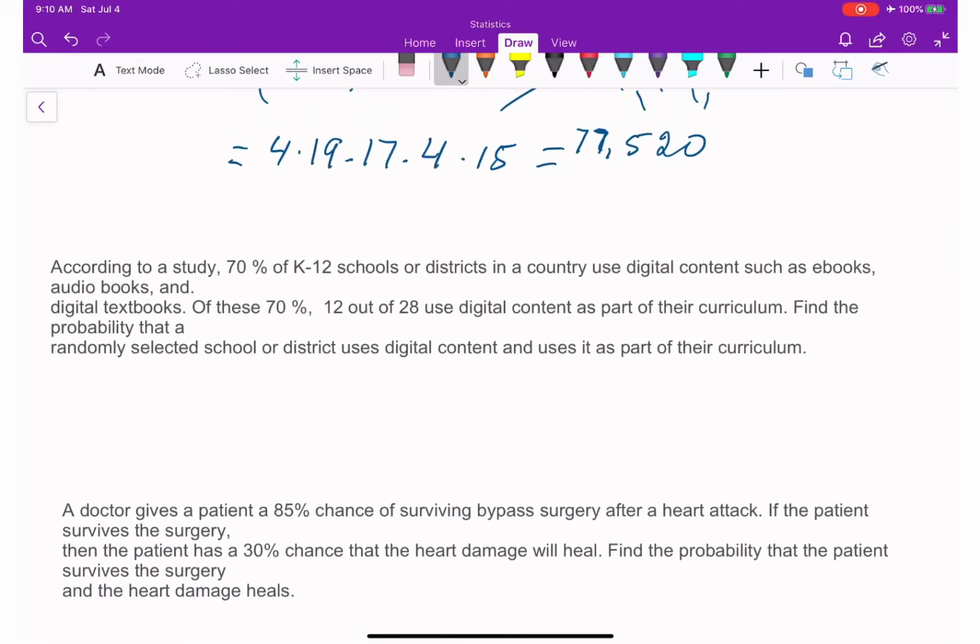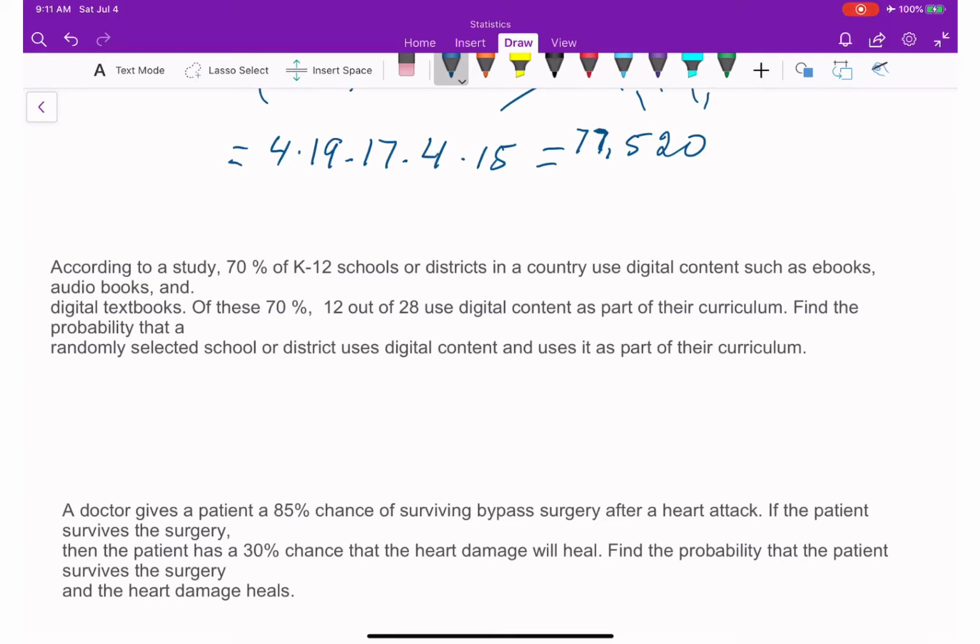Of this 70%, 12 out of 28 use digital content as a part of their curriculum. Find the probability that a randomly selected school or district uses digital content and uses it as a part of their curriculum.